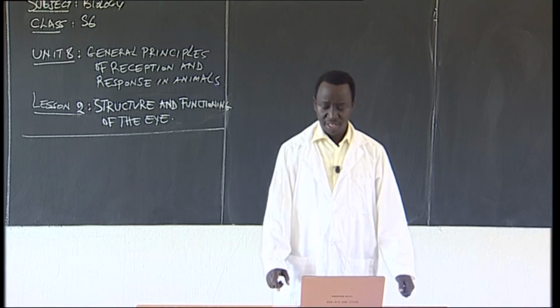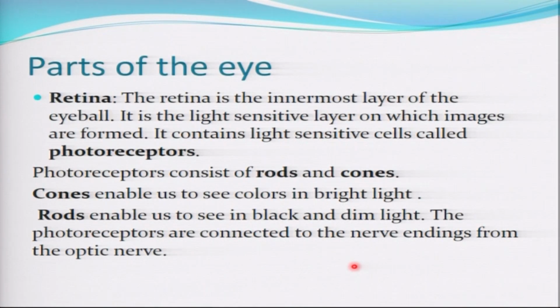Now we have the retina. The retina is the inner what? The inner part of the eye, the innermost layer of the eyeball. It is light sensitive. The light we are talking about, the light that gets into the eye, is going to be received on the retina. Why? Because the retina contains what we call photoreceptors.